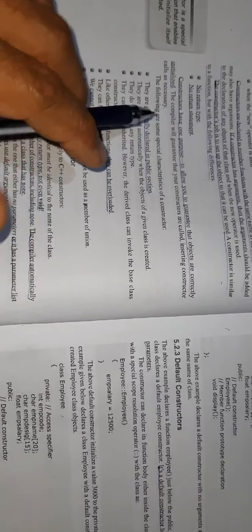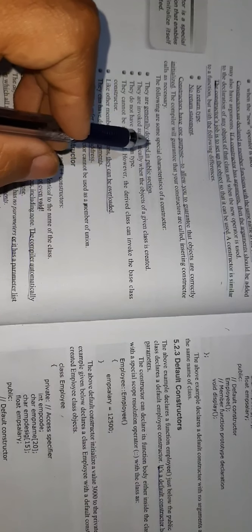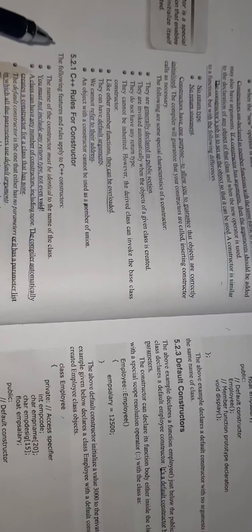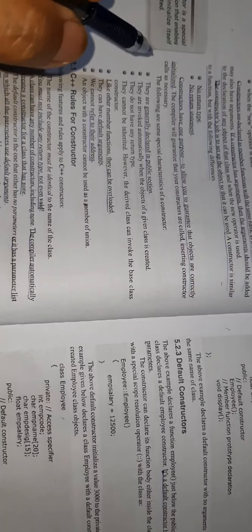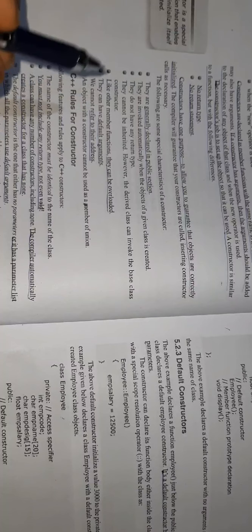They are special functions which are used to initialize the data members that are defined in the class. So these constructors are member functions used to initialize the data members that belong to the object. Member functions are used to access or define the data members, and in the same way constructors are used for the same purpose.